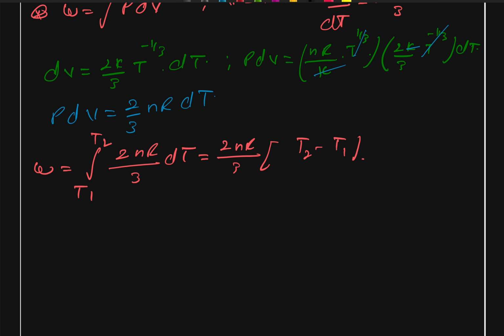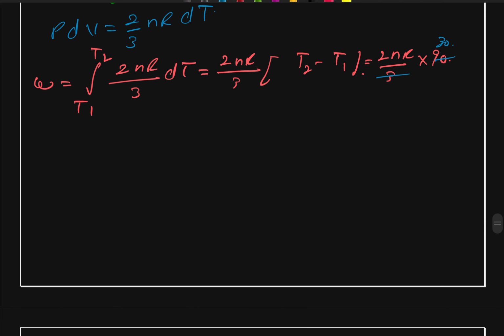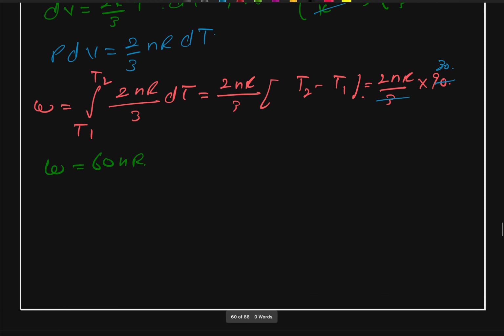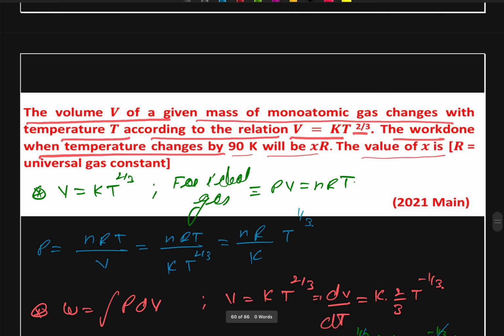The difference in temperature is given as 90, so we simply substitute 90. This comes as 2nR upon 3 multiplied by 90, and 90 divided by 3 is 30, so we get that our work done W is equal to 60 nR.